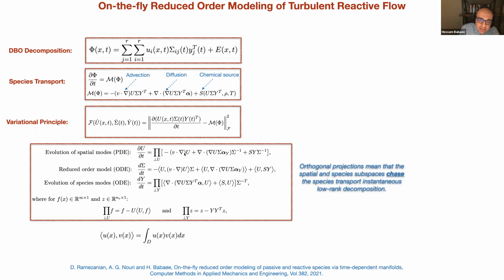But whenever the right-hand side goes outside of that space, it'll trigger evolution of these modes. So they have this built-in adaptivity that will chase the solution wherever it goes. And that shows up in the Y basis as well. And the sigma is a simple projection onto the U and Y. So more details of this are in this paper.